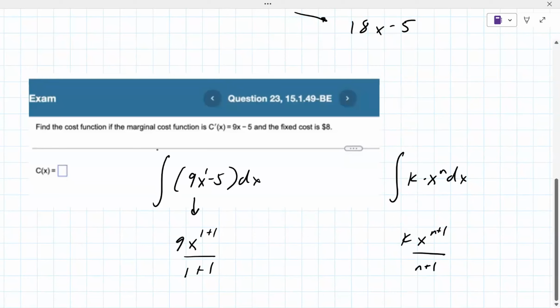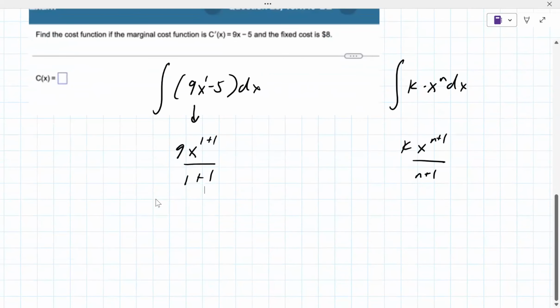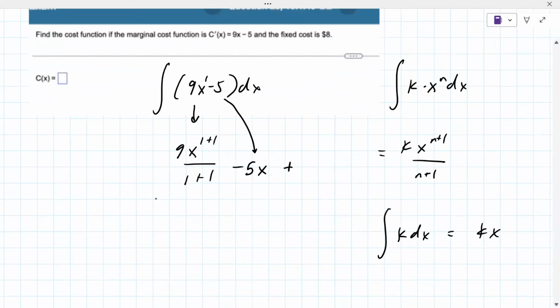So that's thing one. The integral of just a constant is kx. So the integral of minus 5 is minus 5x, but then you always add a plus c to it. So you'll see that this becomes 9 halves x squared minus 5x plus c.